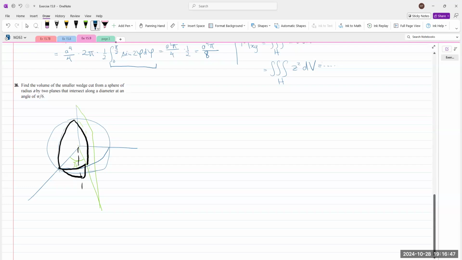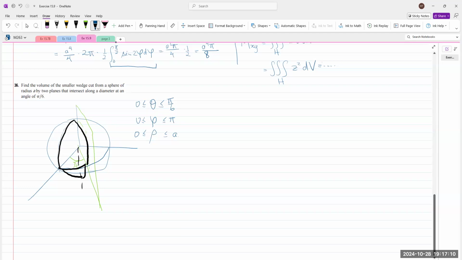Okay, so then the theta will be from 0 to pi over 6. The phi will be from 0 to pi, and the rho will be from 0 to a. Right? The volume will be what?